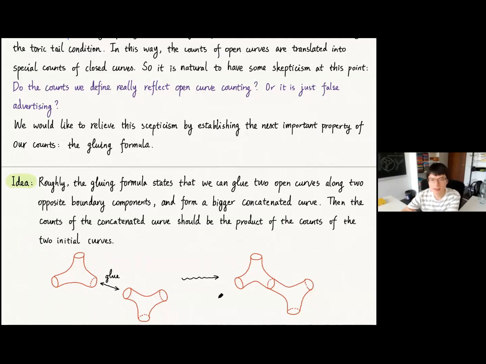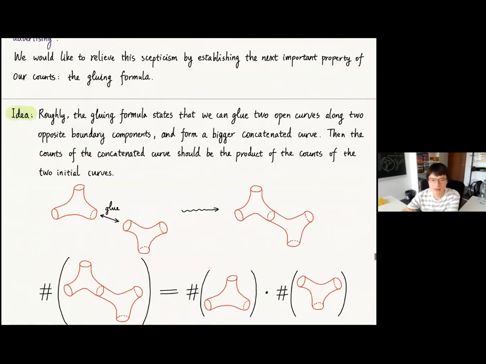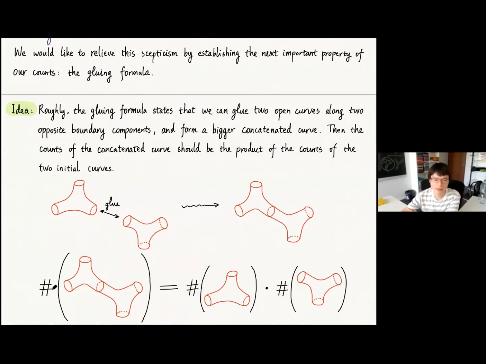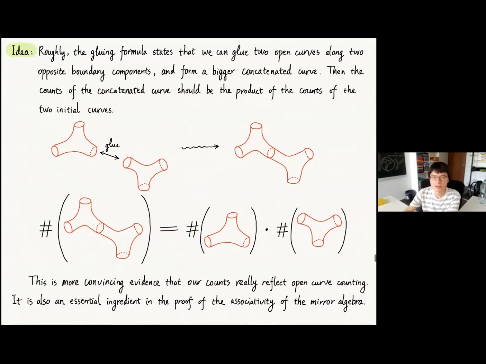We obtain a concatenated curve, and the gluing formula states that the counts of the concatenated curve should be the product of the counts for the first one and the counts of the second one. So this is a more convincing evidence that our counts really reflect open curve counting, and it is also an essential ingredient in the proof of the associativity of the mirror algebra.